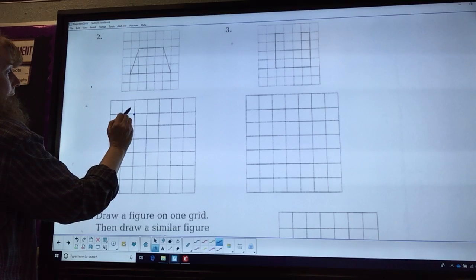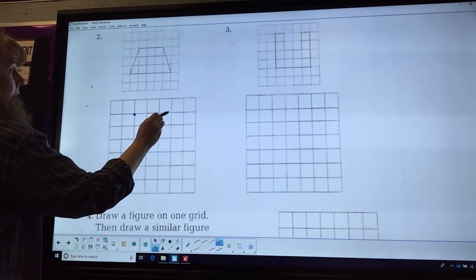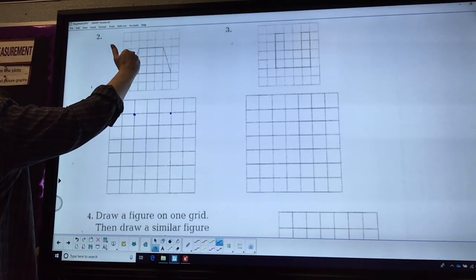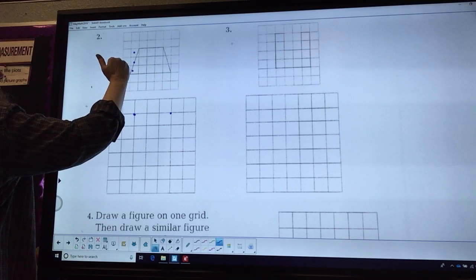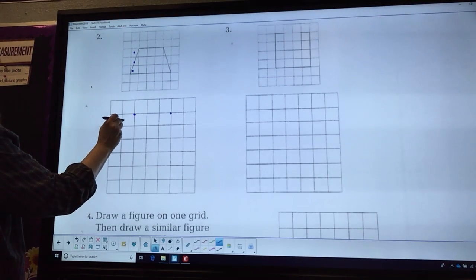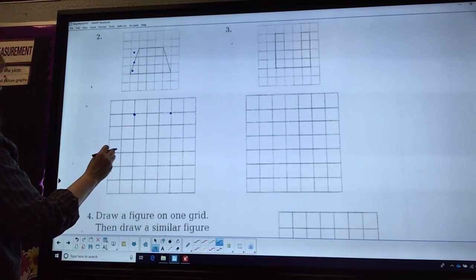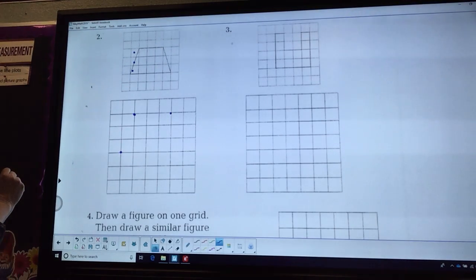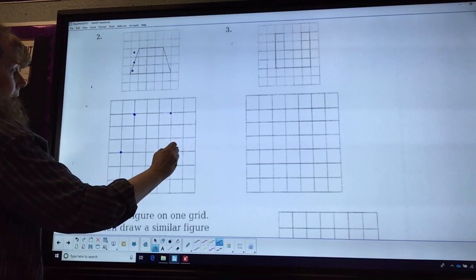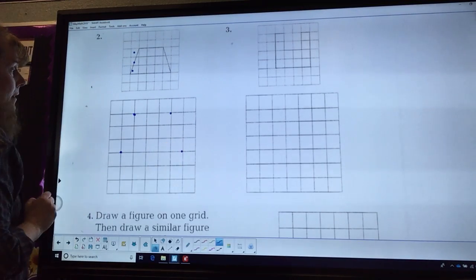So I'm going to put a dot here and 1 here, okay, and then I see that I have to go down 1, 2, 3. So I'm going to go down 3 from that, 1, 2, 3, and I know that my next point should be right about there. And I'm going to do the same on the other side, 1, 2, 3, and so I'm going to put my point there.